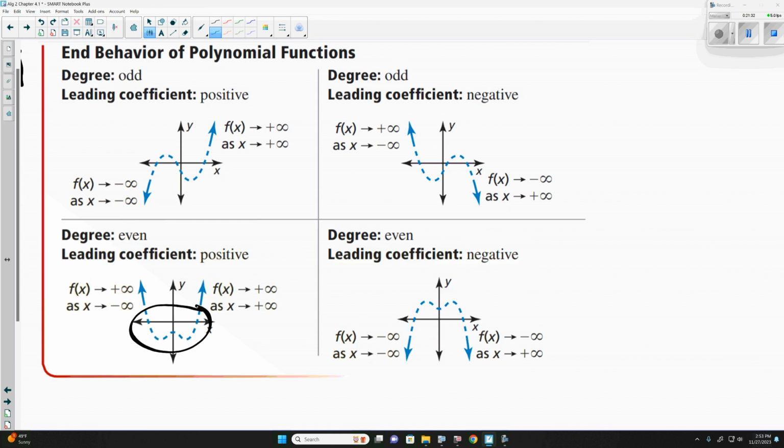And if the degree is odd and the leading coefficient is negative, f of x approaches negative infinity as x approaches positive infinity, and f of x approaches positive infinity as x approaches negative infinity.